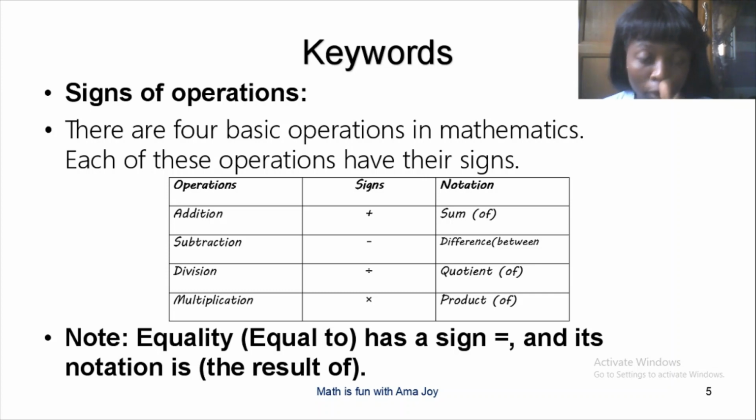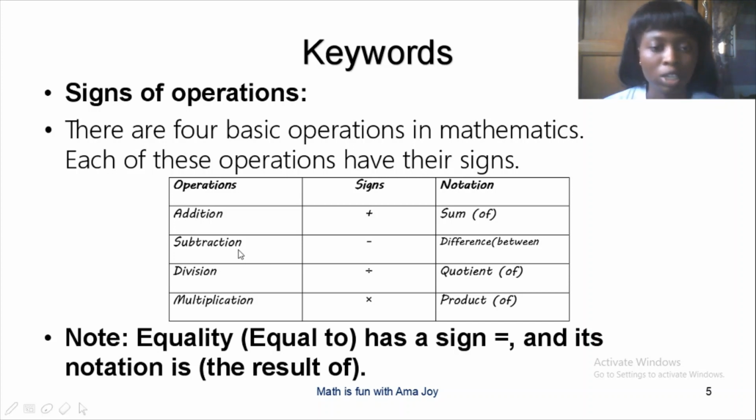The 4 basic operations are addition, subtraction, division, and multiplication. The sign for addition is a plus sign, as we all know, and in a mathematical question, it will be written as the sum of 2 numbers, meaning you have to add.